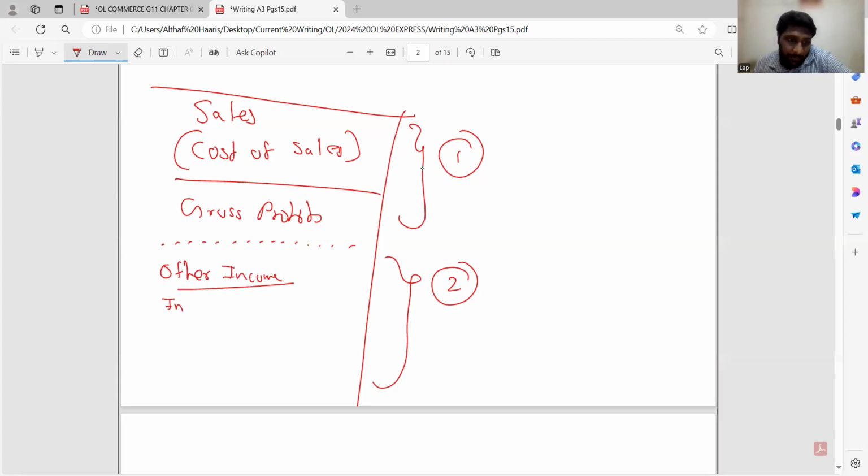Interest income will be there. When I put money in the bank, I will get interest income. Dividend income is there. What is this dividend income? When I invest in other companies, I will get a profit of the portion. Dividend income will be there.